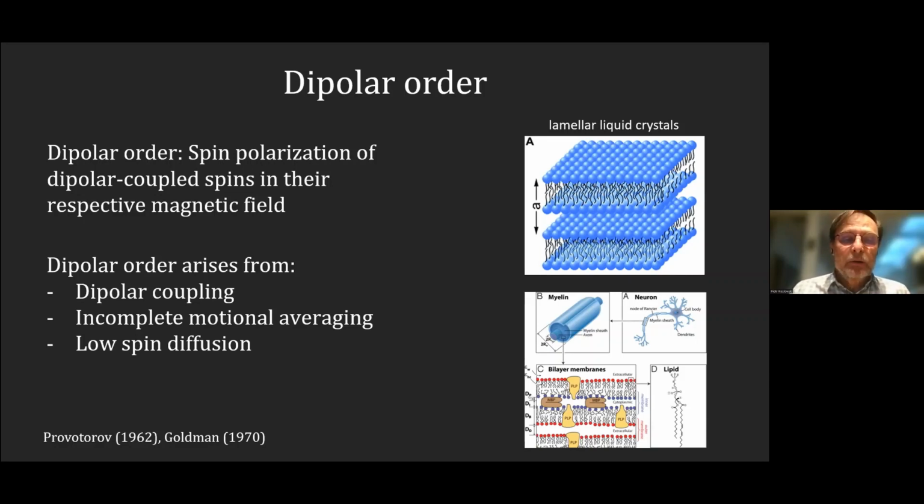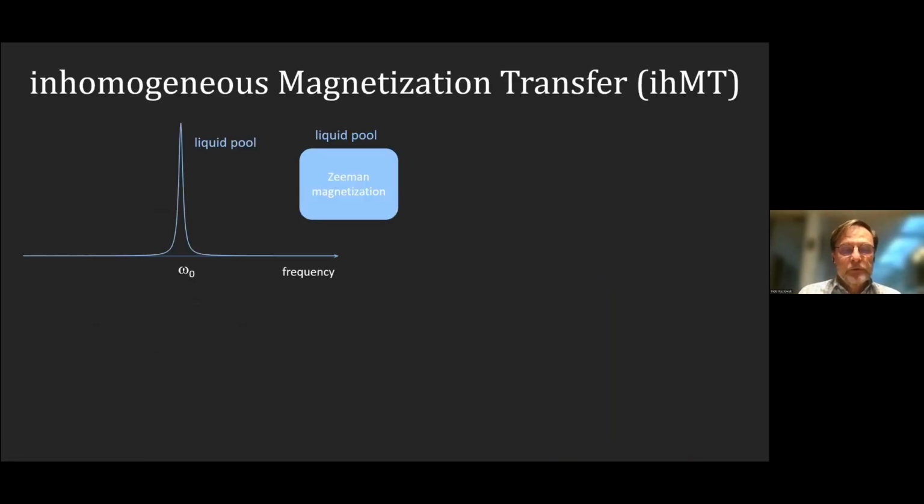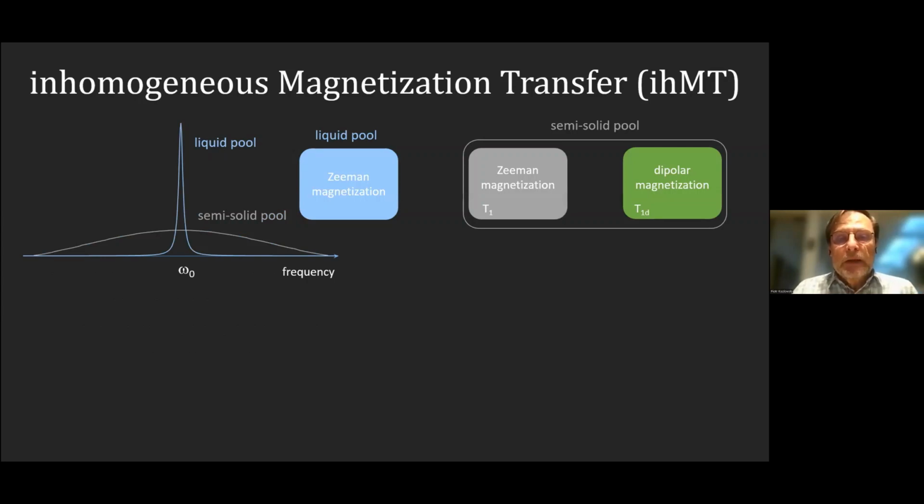So this dipolar order can arise from the dipolar coupling, which is really the case with this bilayer type of structures and incomplete motional averaging in low spin diffusion. So essentially, when we have this semi-solid pool, the semi-solid pool now contains the Zeeman magnetization as well as the dipolar magnetization.